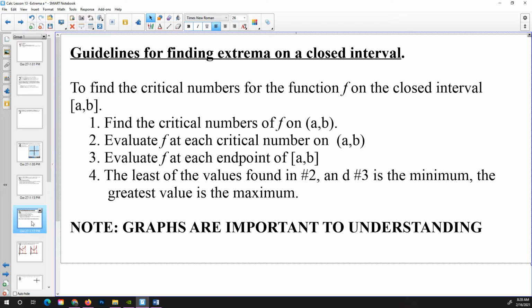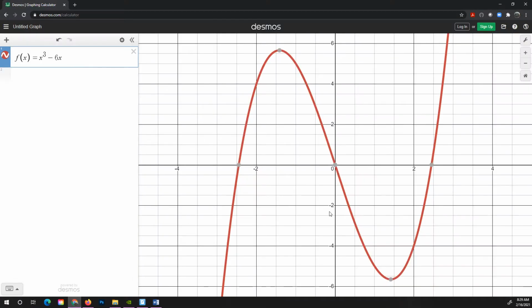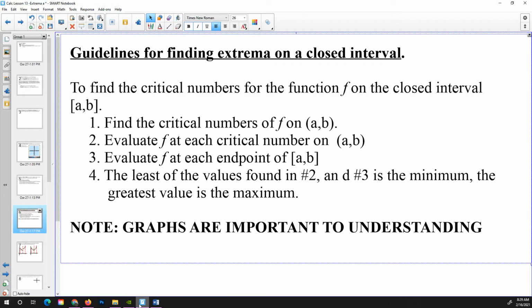All right, so how do we find extrema on a closed interval? We're not talking about a real number line graph like we saw in this demonstration here, which shows all of the values. We're talking on just a closed interval now, from a to b. First, I'm going to find the critical numbers of f on a to b.